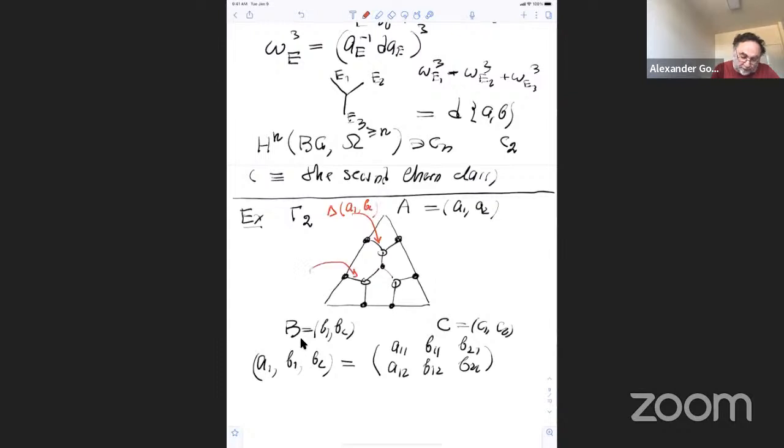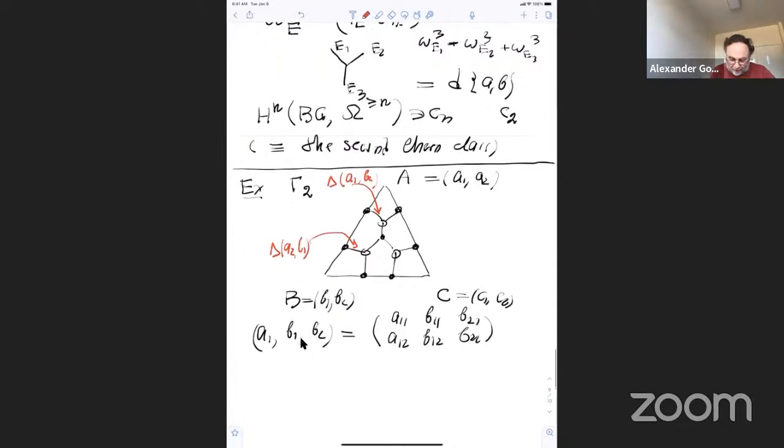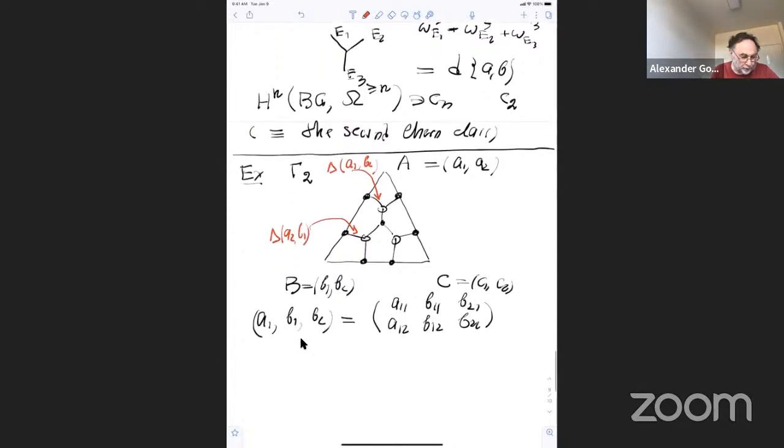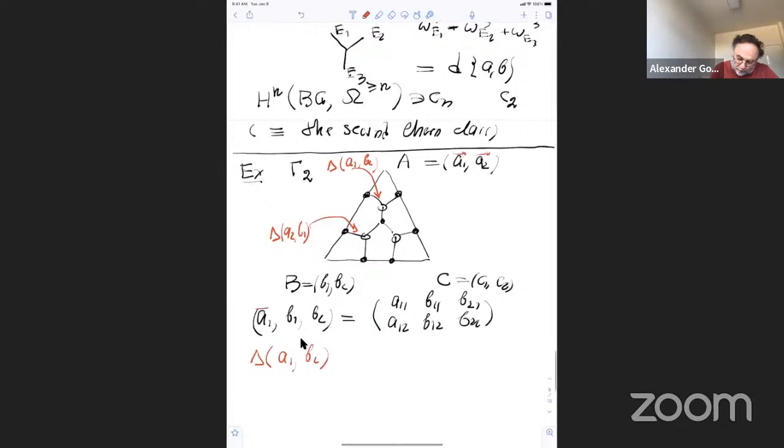Here stands quasi-determinant delta of A2, B1. The rest is cyclic, except that there are little signs which you have to put in, which I want to ignore. But this delta of A1, B2 is like vectors, I emphasize, this is like vectors. So all this is like vectors of columns. And so this is delta related to a pair of vectors.